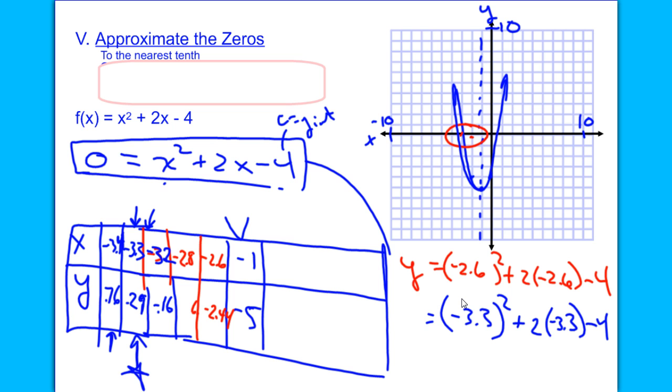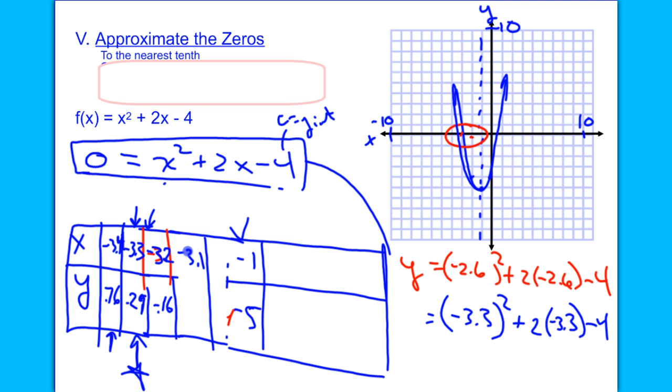What would be another one you could try right now? Carly? Well, we're supposed to go to the tenths. So rather than -3.25, what's the next tenth down? -3.1. Has anybody tried that? Let's see that one.